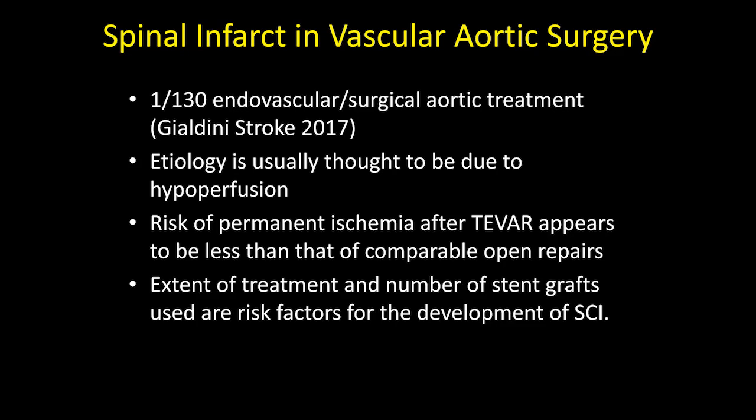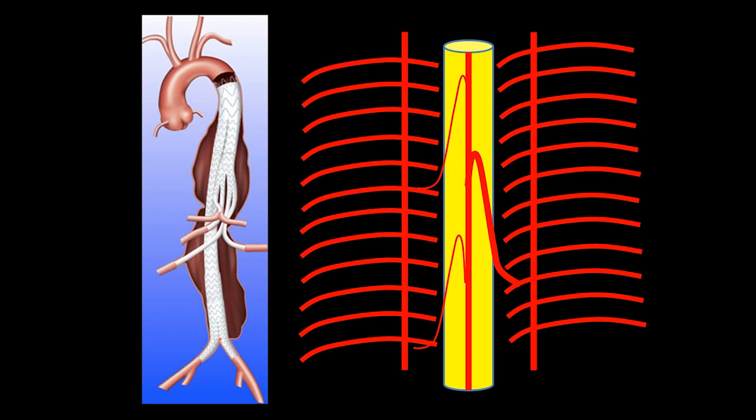The risk of permanent ischemia after TEVR is less than that of open repair, and usually the extent and number of stent grafts is a risk factor for this development. So that's why in case of a long construct to be done, staging is recommended, so it can give time to collaterals to form. While if all the radiculomedullary arteries are covered at the same time, that can become a problem.